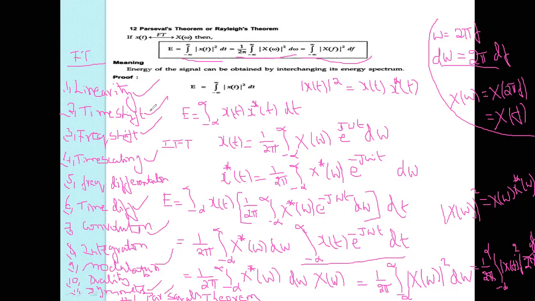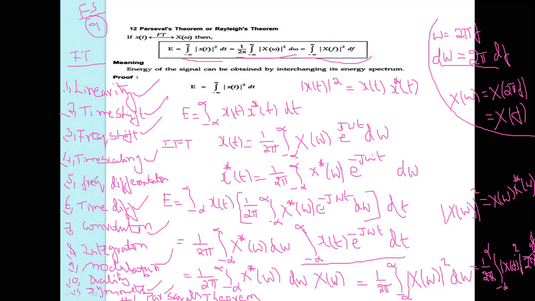How many? 1, 2, 3, 4, 5, 6, 7, 8, and 9 properties are there in the Fourier series, with the same names. Here in the Fourier transformation, there are 12 properties.